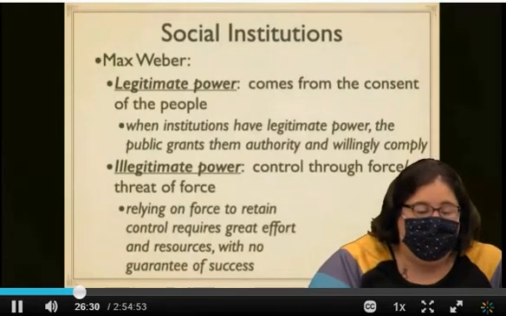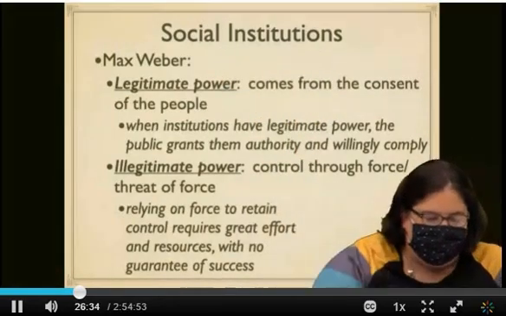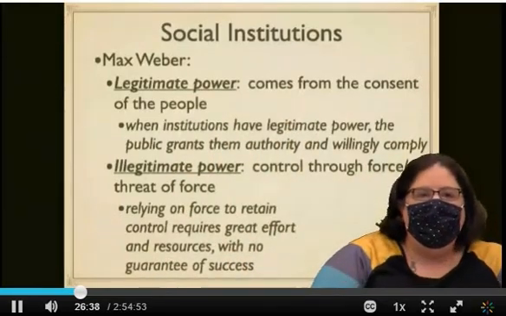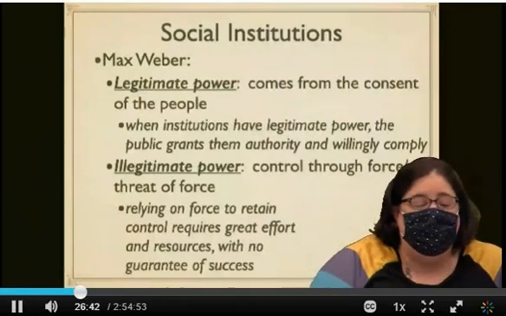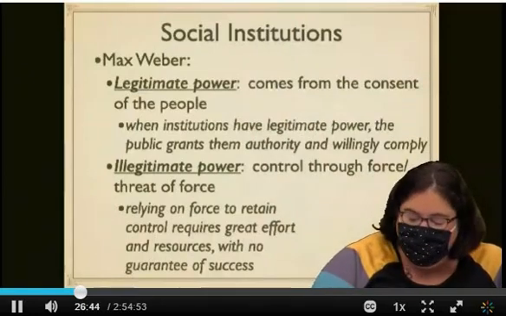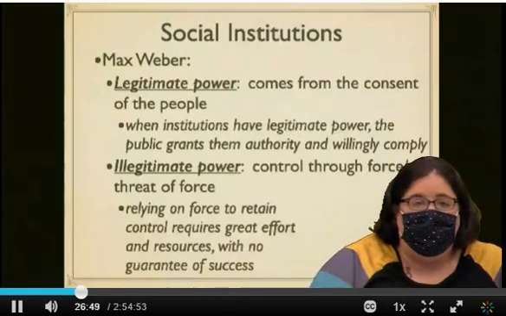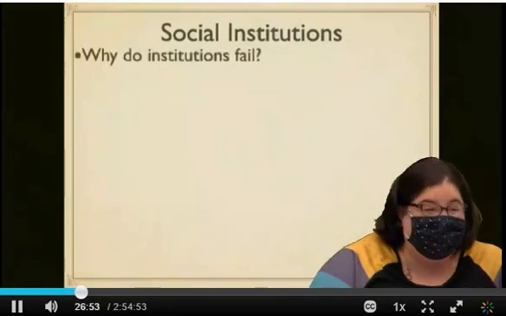And again, this is bigger than the United States. Max Weber was a German theorist, for example. So this is a worldwide phenomenon, where you can have societies where people have legitimate power, and you can have societies where people have illegitimate power. The most common form of illegitimate power that we see play out worldwide is something called authoritarianism.